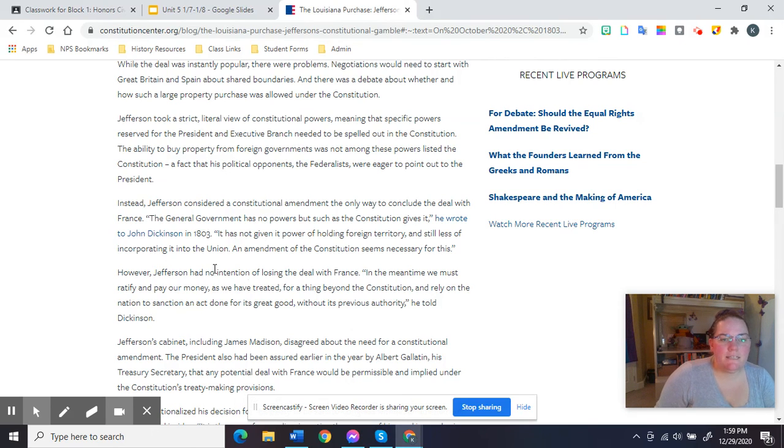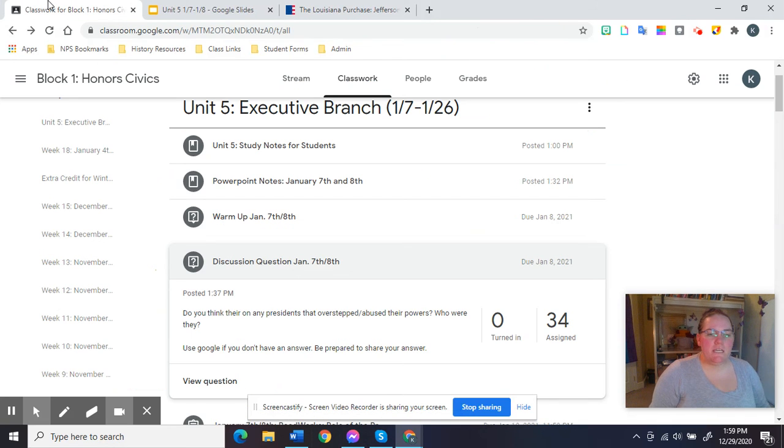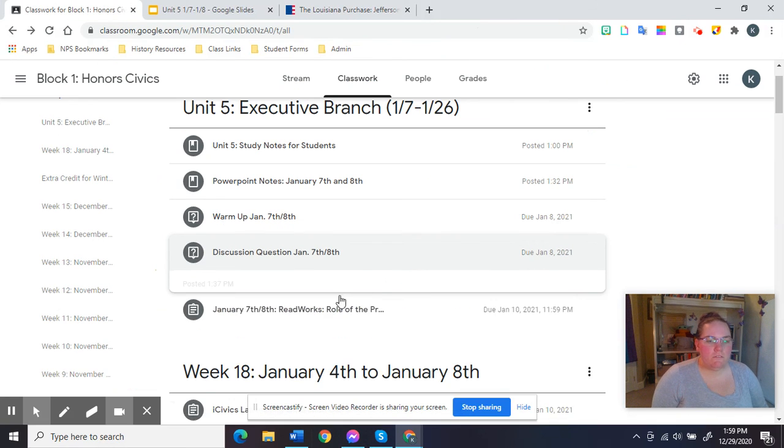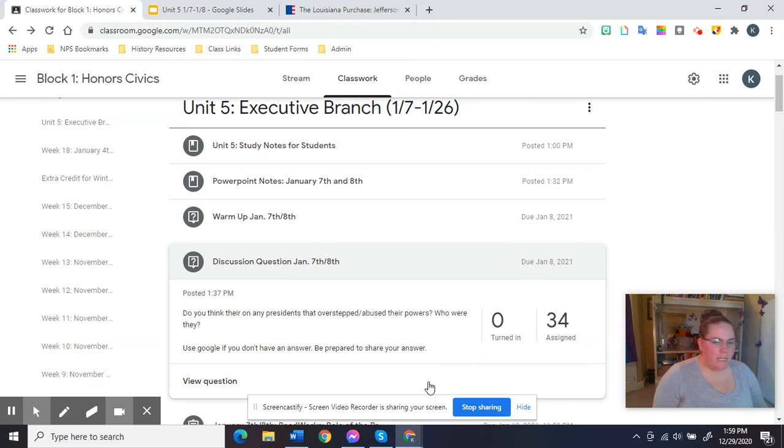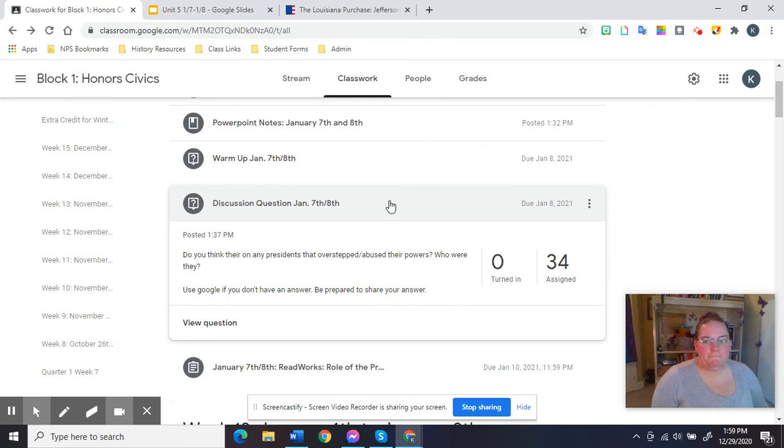And it says Jefferson considered a constitutional amendment the only way to conclude the deal with France because he thought he was overstepping his boundaries. And that's just a quick question. You can make it real simple. Just do your discussion question, and we're going to share it and talk about it in class.